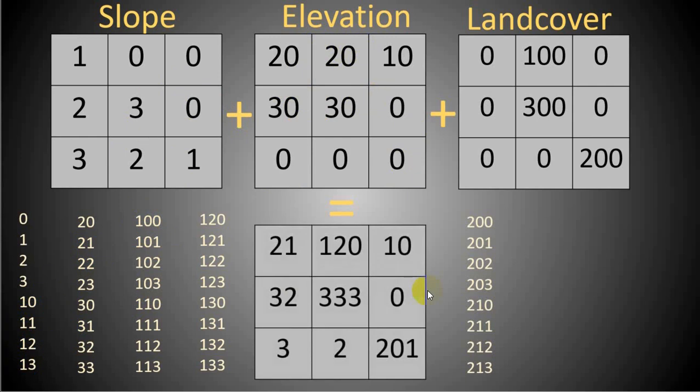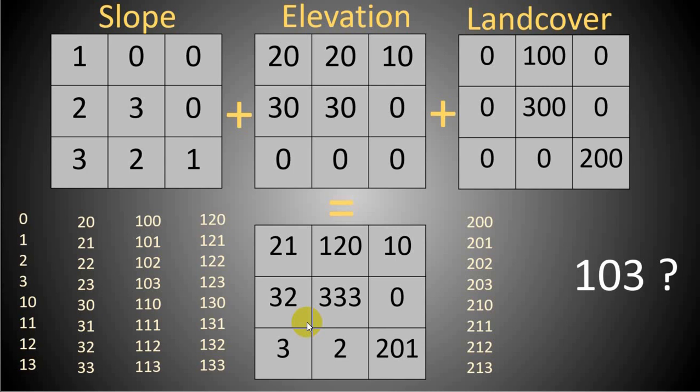So here's our output. If you add these three surfaces together, 333, that's our cell value that we're looking for. That's the one that says all three criteria are highly suitable. Okay, here's a test. What would a cell value of 103 represent?